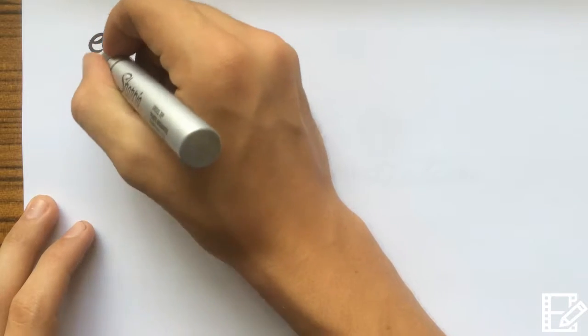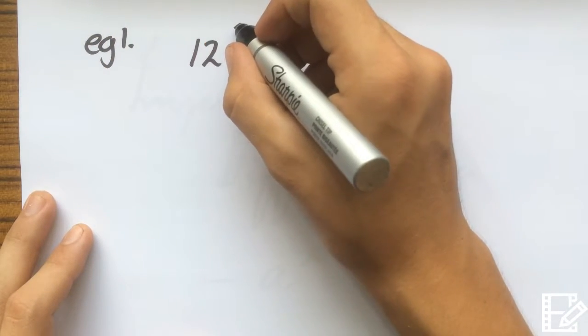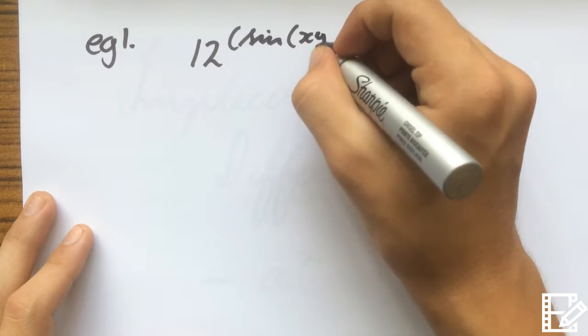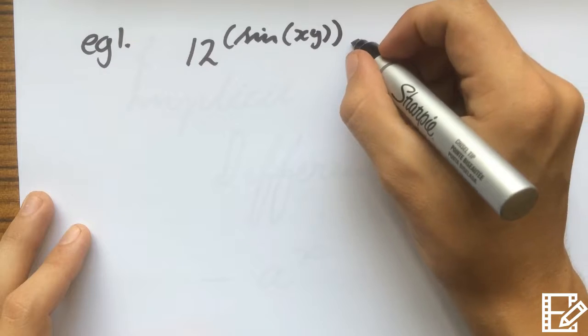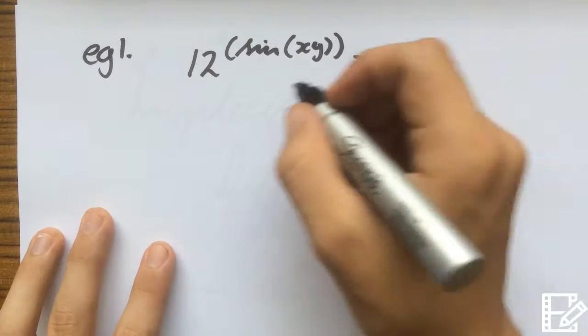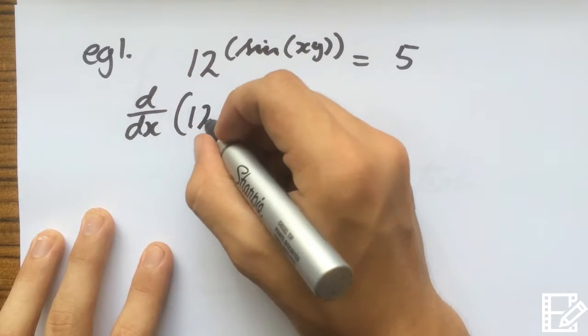So our first example is 12 to the power of sine xy equals 5. Okay, so what we're going to do is derive both sides.